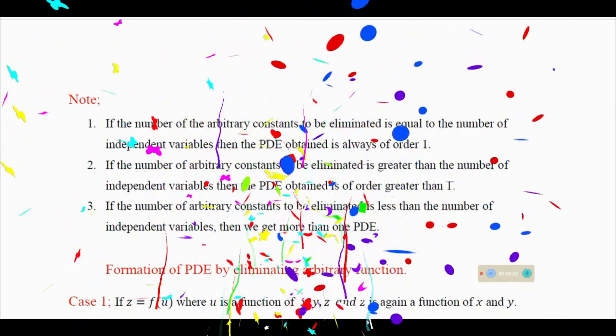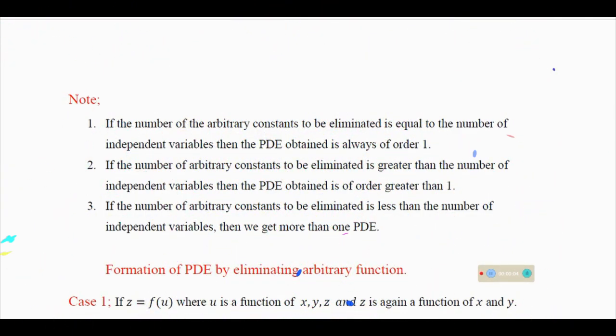Greetings everyone. In the previous lecture, we looked at the formation of a partial differential equation for an equation with arbitrary constants. We looked at different examples, and it is therefore important to note the following.